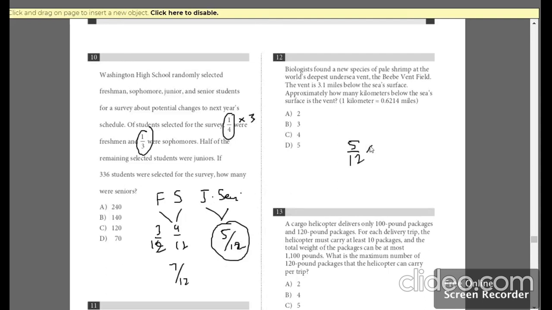So 5/12 into 336, dividing with 3 times 4, 12, 3 times 1, 1 and 2, upon dividing it, 12 with 4, 4 times 2, 8, 4 times 8 is 32, 28 times 5 will give us 5 times 8, 40, 140. This is the remaining number of students which has to be divided between juniors and seniors. So as they are equally divided, D option 70 will be our correct answer.